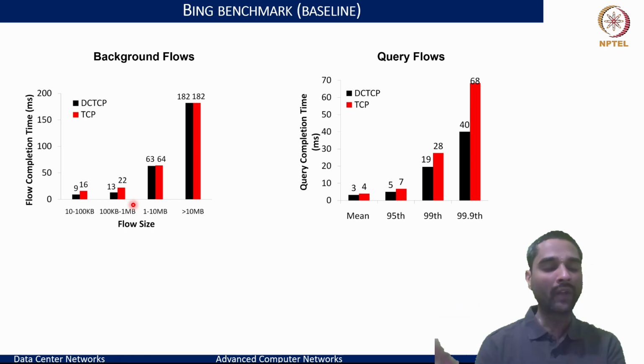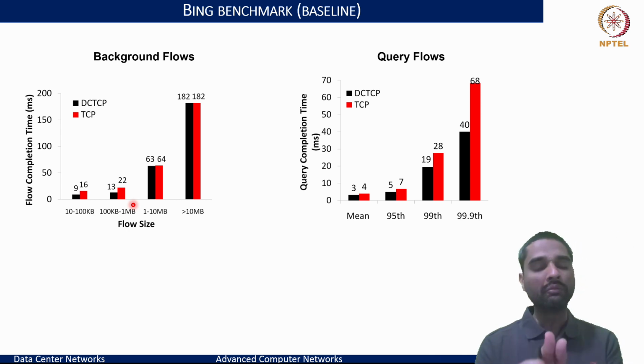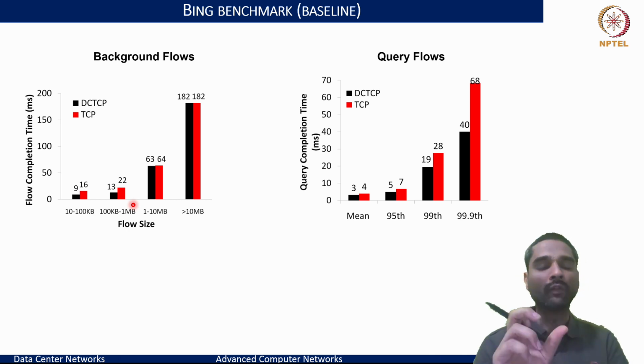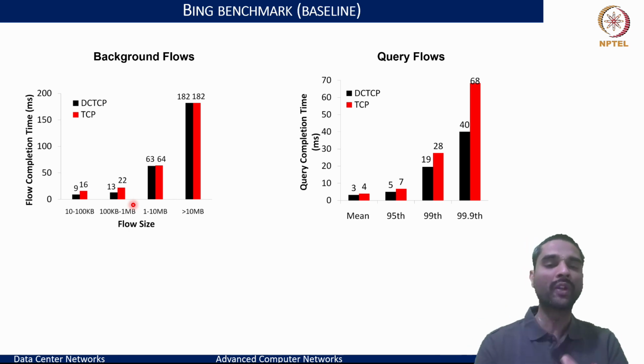And whenever there is a marking, you are not reacting instantaneously to cut down the window by half. Instead, we are reducing in proportion to the number of packets that were marked. That means if there were a microburst of packets, you would see 1 out of 10 or 1 out of 4 or 5 packets marked, and you would react accordingly.